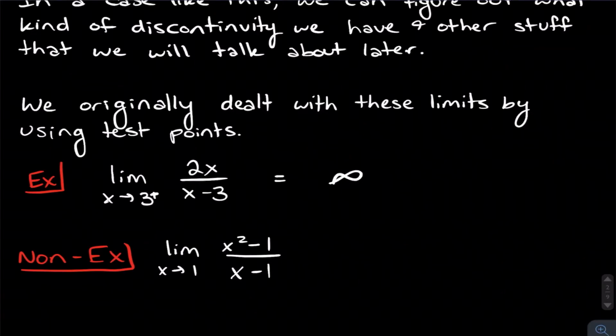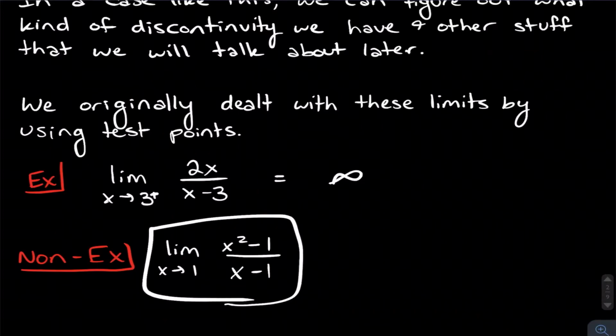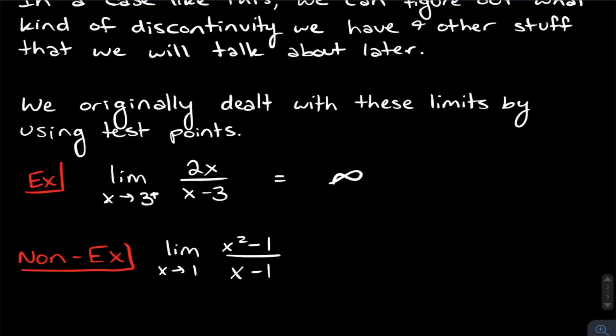But somewhere where we can't use test points is something like this. Why? Because we get an indeterminate form. If we plug in 1 here, we not only get a 0 in the denominator, but we also get a 0 in the numerator.